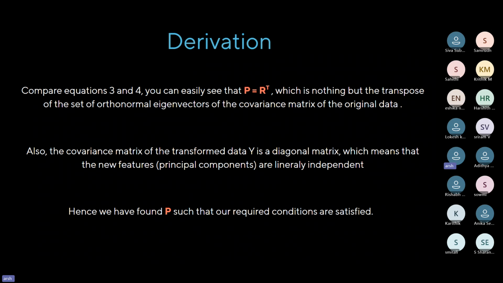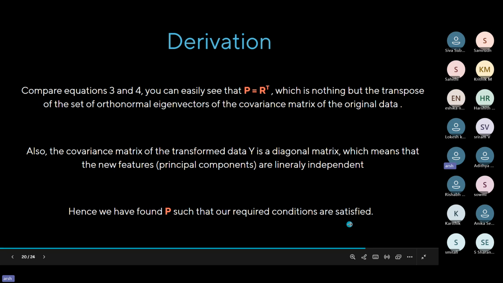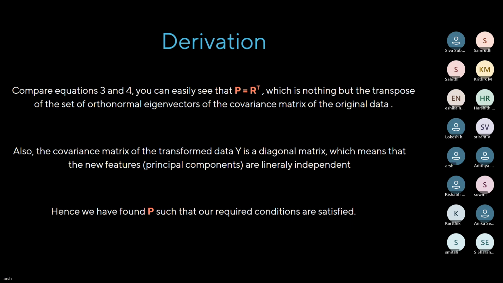That is what we wanted initially, that the features should not depend on each other so that we can have maximum information. It's redundant to have 3 features which have the same linear or nonlinear relationship. So now we have identified features which are linearly independent of each other, and we have found P such that the conditions we specified initially are satisfied.